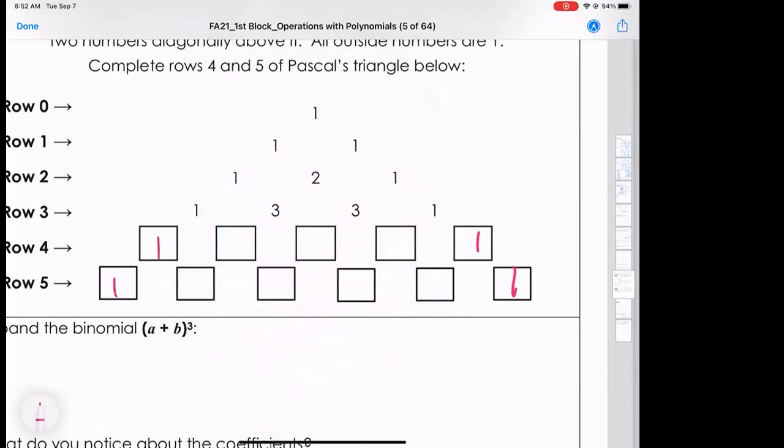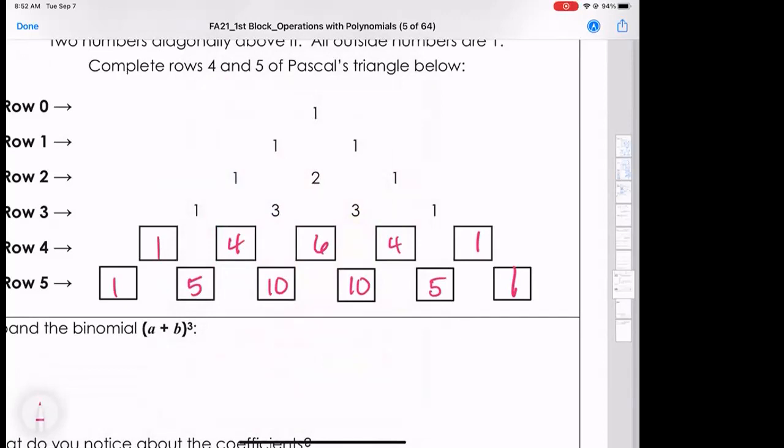So then we have 1, 2, 3, 4, 5. Actually, what you could have done is just count it all the way down instead of added 4 and 5. And then we know 3 plus 3 is 6. So that's just up to row 5.